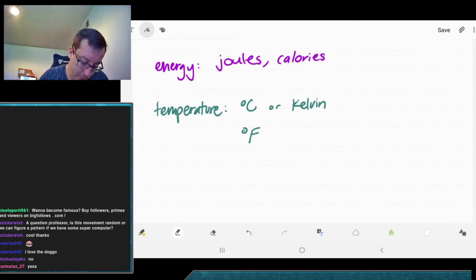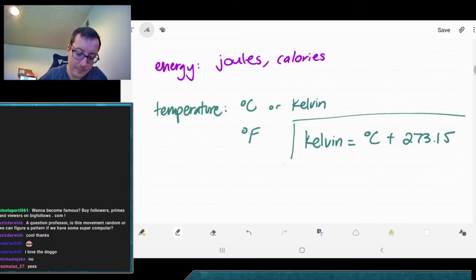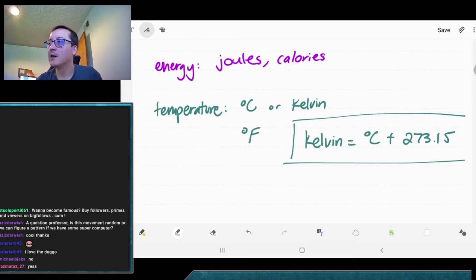So, if you want to go from Celsius to Kelvin, it is simply a matter of taking your temperature in degrees Celsius and adding 273.15. And that will give you its temperature in Kelvin. So that's something you will want to learn. Formula for you here. This one will be important for us later on.